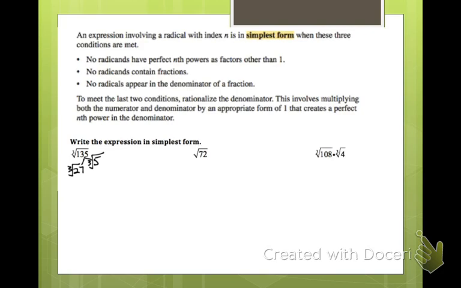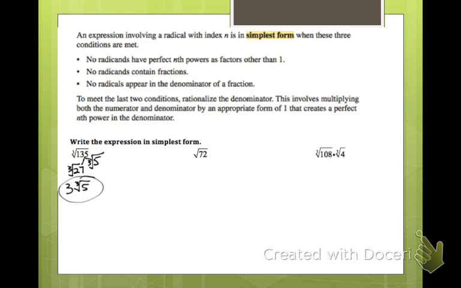We're just using this property backwards, the multiplication or product property. Now we can evenly take the third root of 27, which is 3, and it comes out of the radical sign. But we're left with the third root of 5. So that is that expression in simplest form.